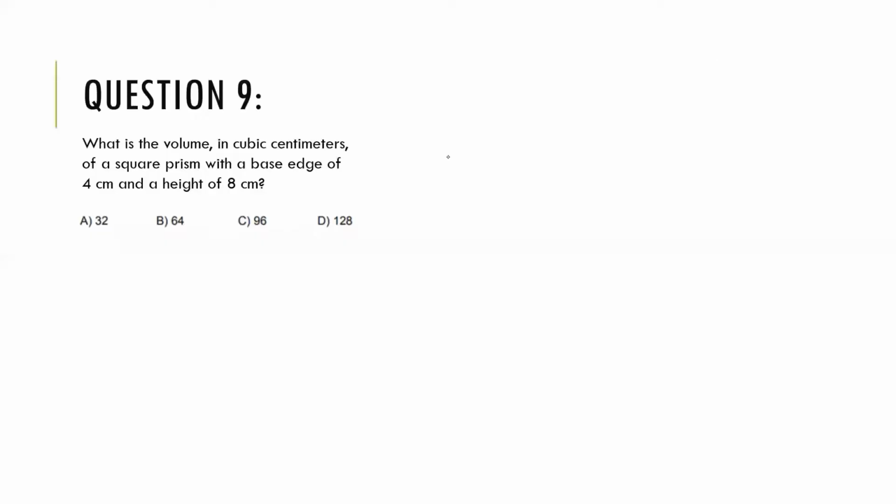Then question 9. What is the volume in cubic centimeters of a square prism with a base edge of 4 centimeters and a height of 8 centimeters? Let's look at this. The height is 8 centimeters. The base edge is 4. But it is a square prism, so the other base edge should be the same.